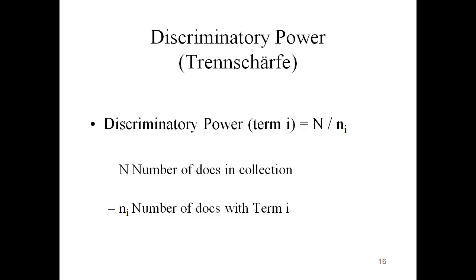We can call this the discriminatory power. How can we well distinguish between sets of documents, distinguish documents in the set? Just by this metric, N divided by n, as was suggested here from the auditorium. And we have a nice metric here.